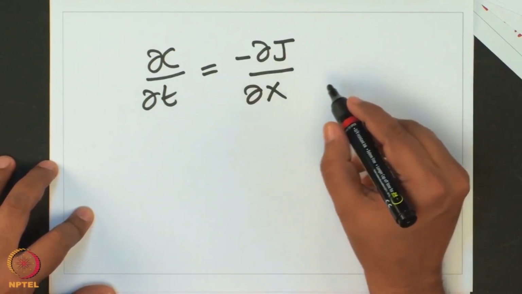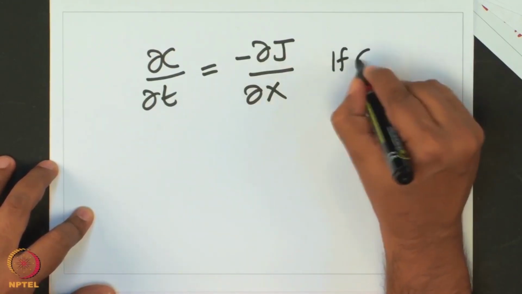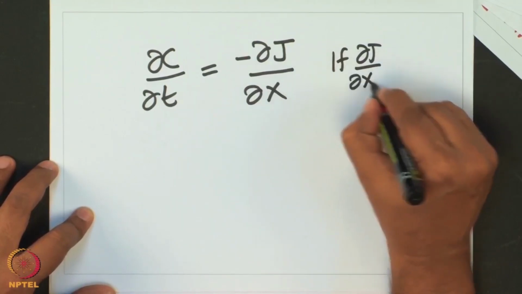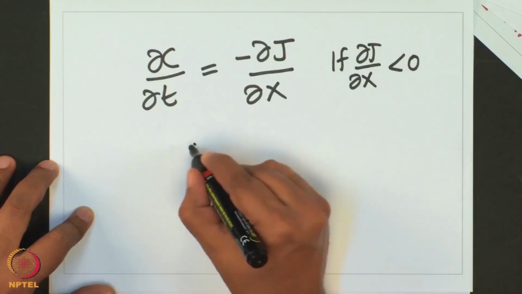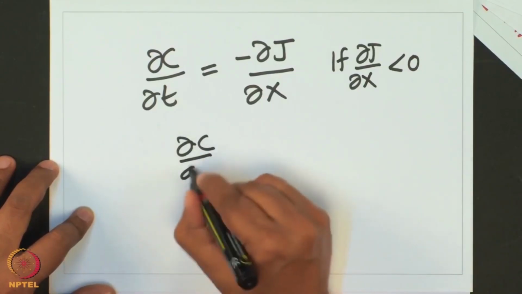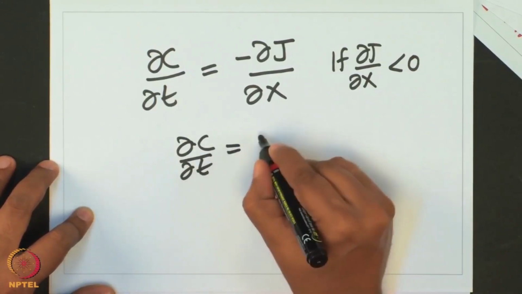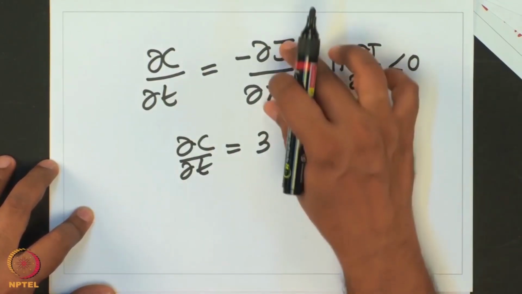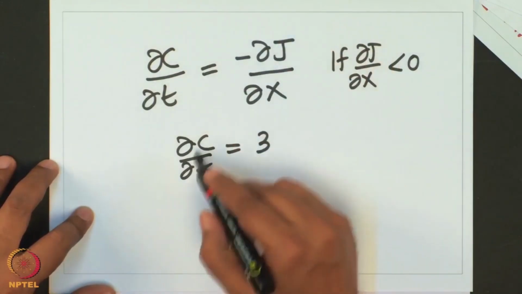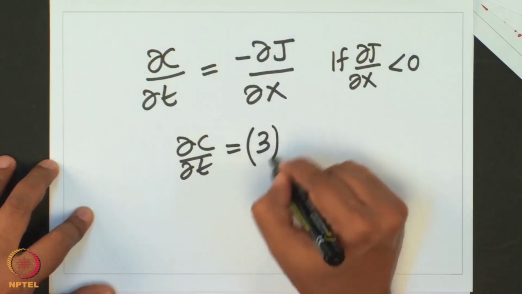If this is the case, in the first case, if del J by del X is less than 0, then that would imply that del C by del T will be some positive number, like 3. If this is less than 0, this will be negative. Negative times negative is positive, it will be some positive number like 3.